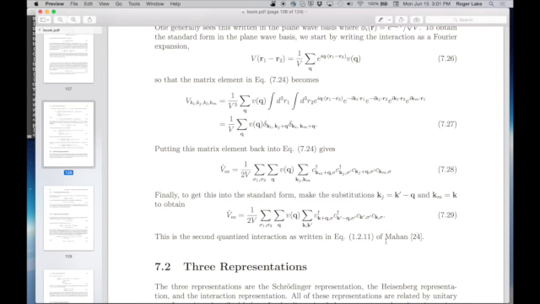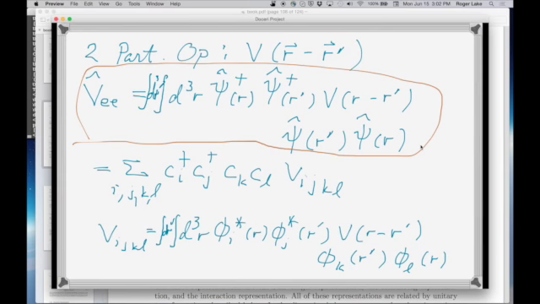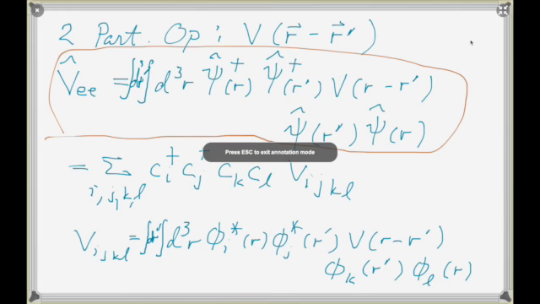This is the usual expression that you see in the second quantized representation. So that's in the notes, and they'll be uploaded. That's just to show that there's nothing unusual. This is a standard thing that you see in the textbooks.